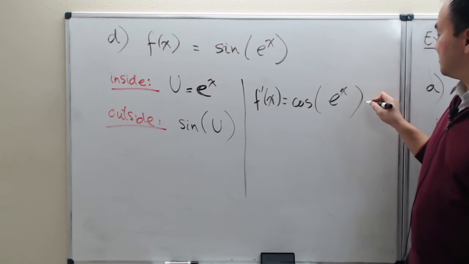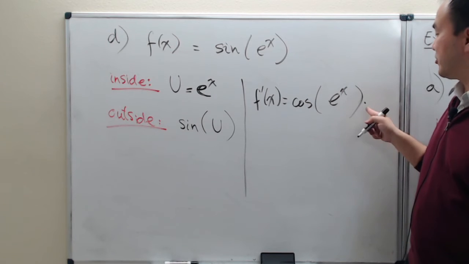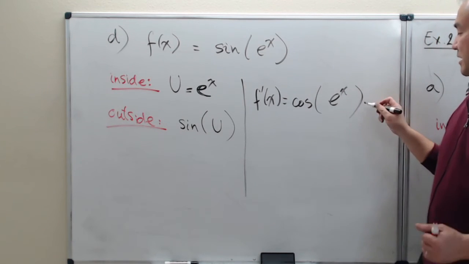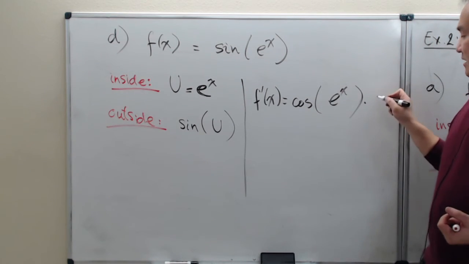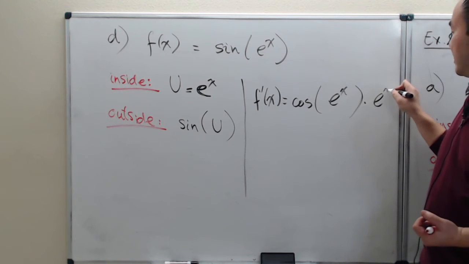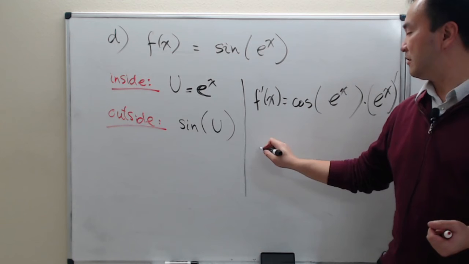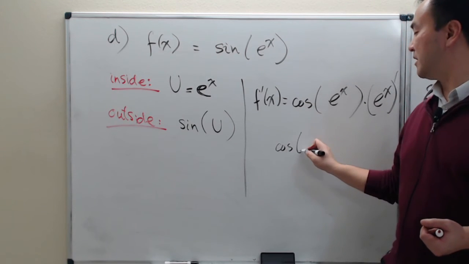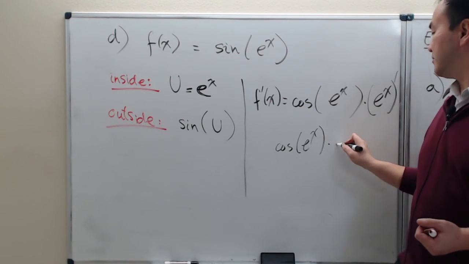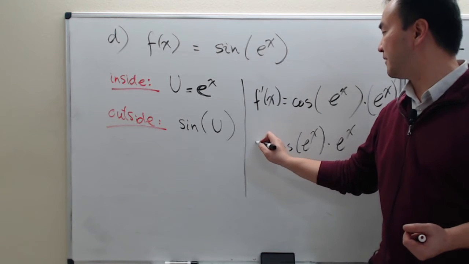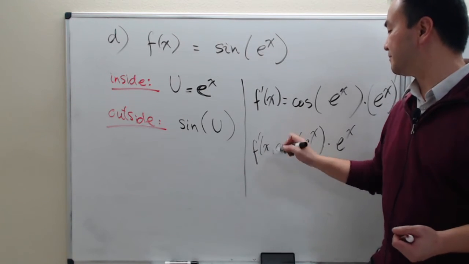And now chain rule says we're going to additionally multiply with the derivative of the inside. But the derivative of the inside is just e to the x. So our final answer, cosine of e to the x times e to the x. That's our final answer, f prime of x.